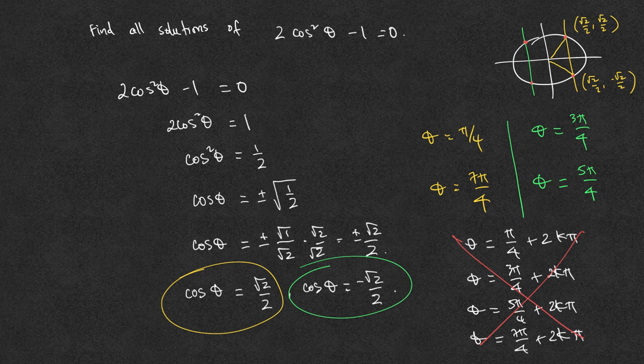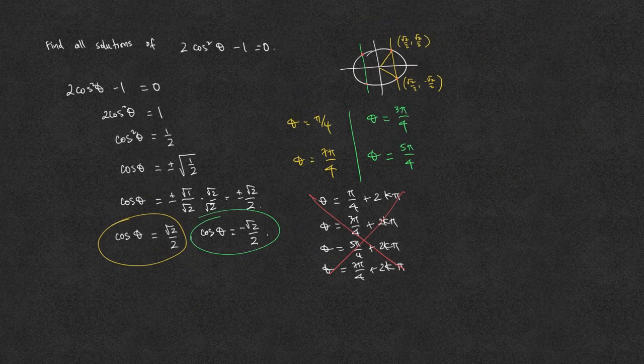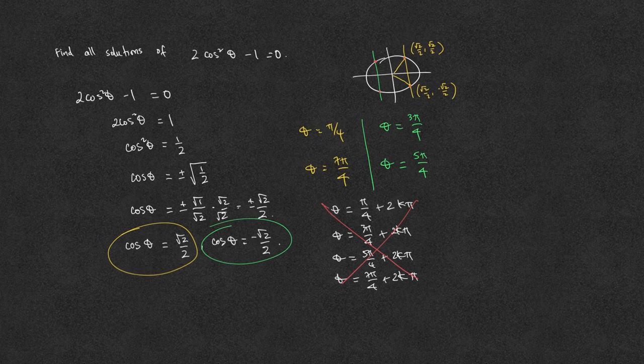Observe that pi over 4, 3 pi over 4, 5 pi over 4, 7 pi over 4, they are 2 pi over 4 units apart. What this means is that if we take pi over 4 and add 2 pi over 4, we will end up with 3 pi over 4.